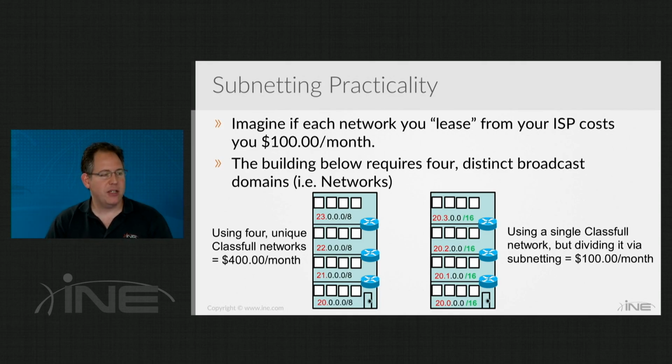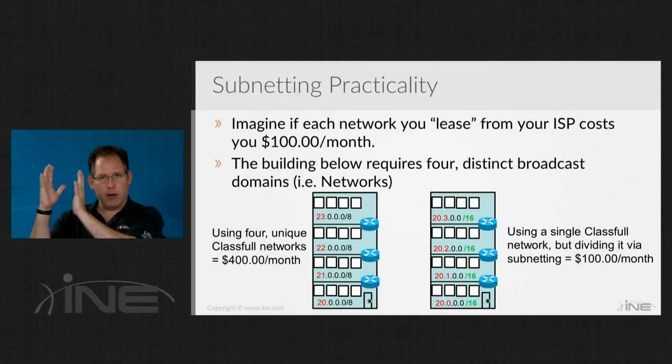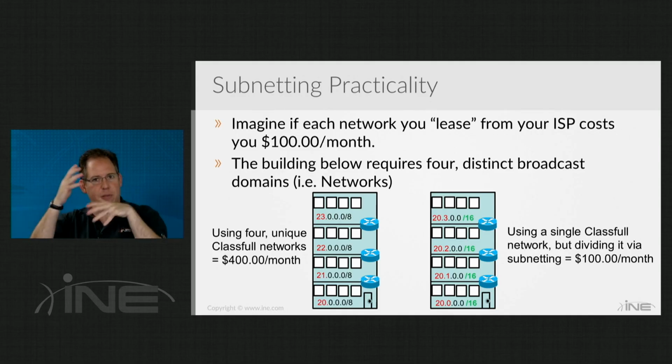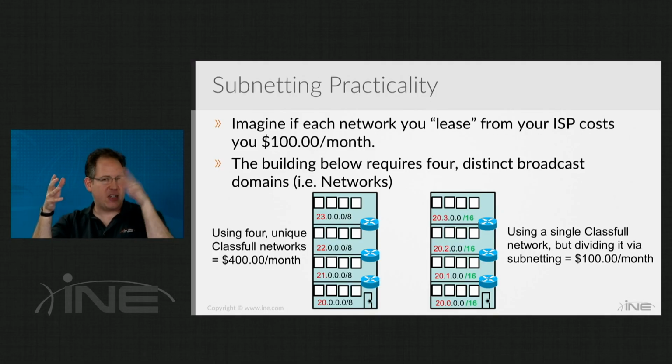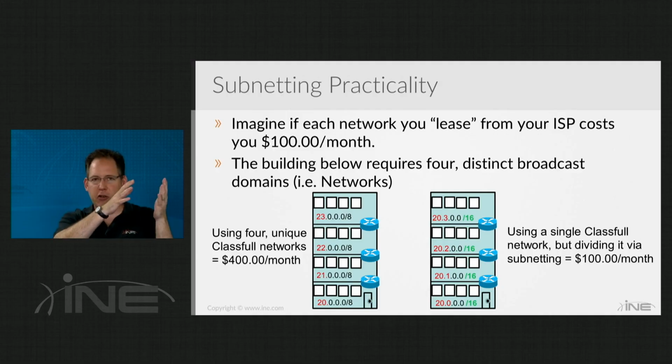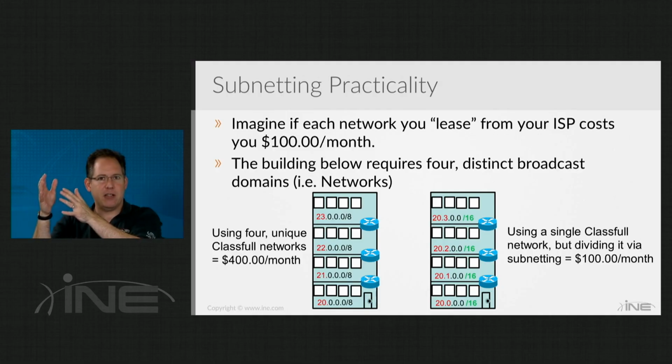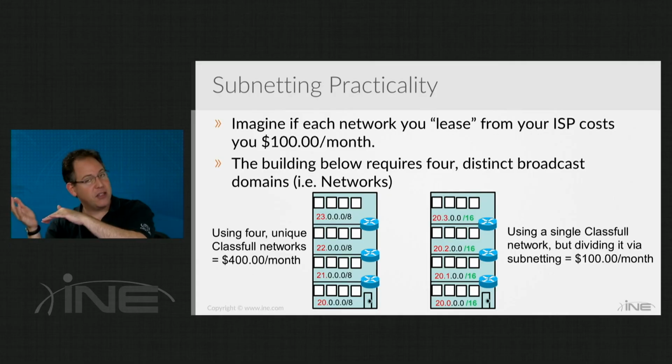One of the key points I want you to take away is this: as I take my original network, I'm going to take some of my host bits and add them to the network portion, giving me a little bit of room to play and have variation. The more host bits you steal, and you'll see that term a lot, stealing bits, which means you're taking your host bits and converting them into subnet bits, the more pros and cons there are.